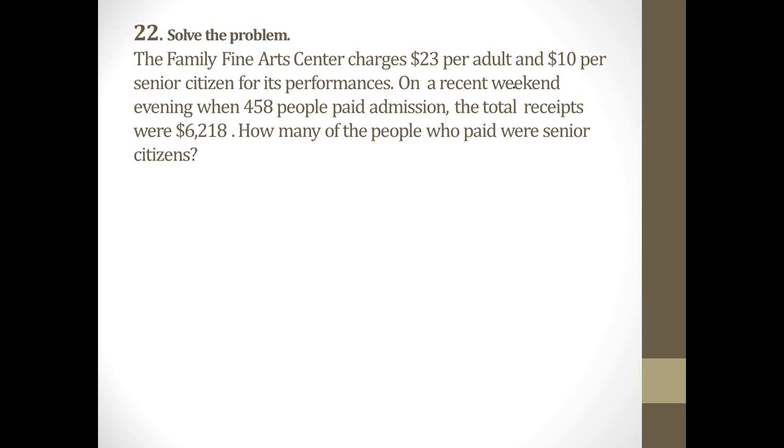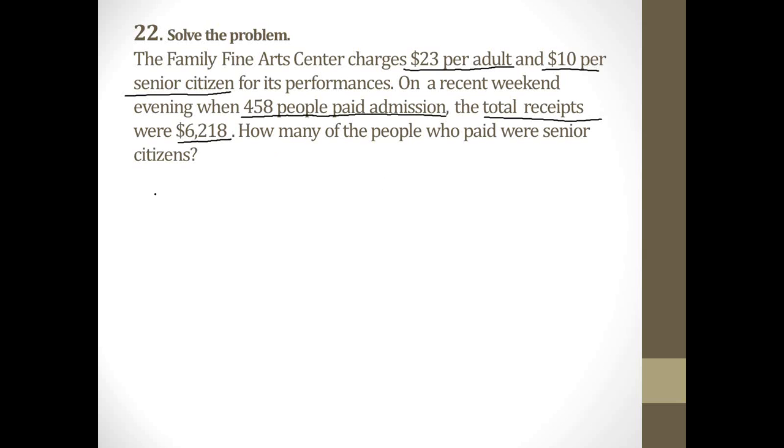Well, let's underline the most important information first. We have $23 per adult, $10 per senior citizen, and then we have 458 people paid admission, and the total receipts were $6,218. Because we are in the section of systems of equations, we should come up with two equations.